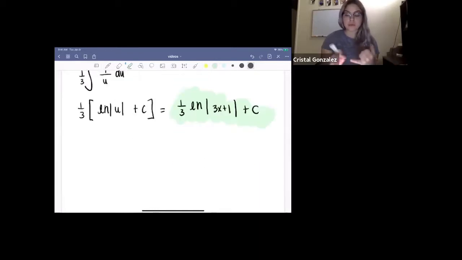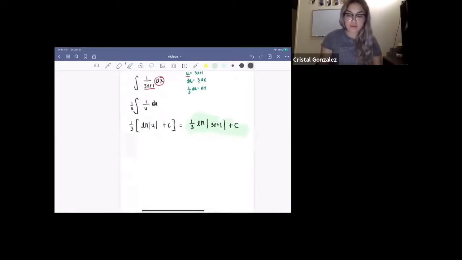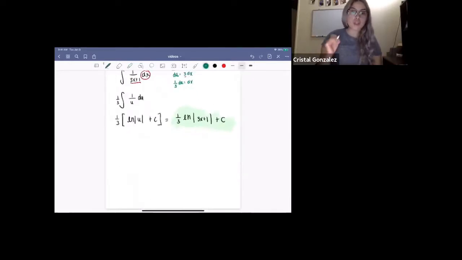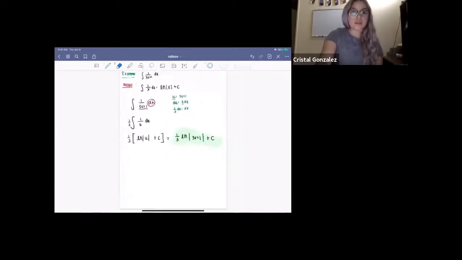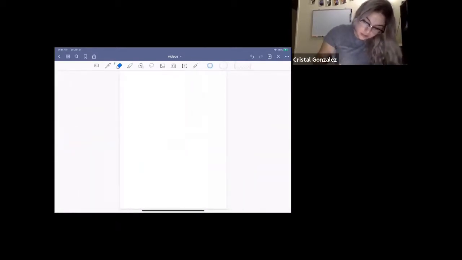We've dealt with sine functions, e functions, and I actually don't have an example for e, but I'll probably throw one in at the end of the section. So let's do a more complicated example, and let's move on to a new page so that we have a nice fresh page.